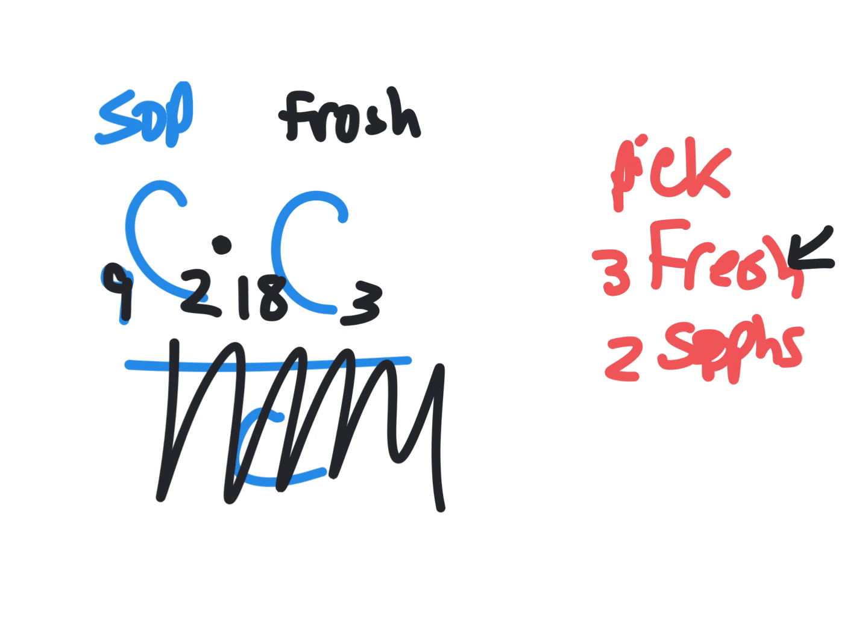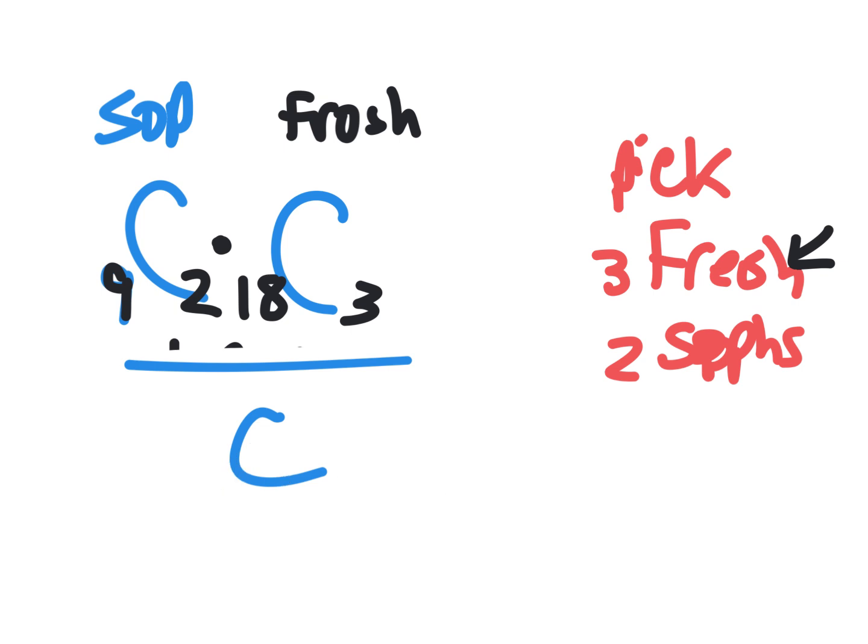All right. And then the reason you divide it would be if I said it this way. If I said, I'm picking out 5 kids randomly, what's the probability I'll get 3 freshmen and 2 sophomores?